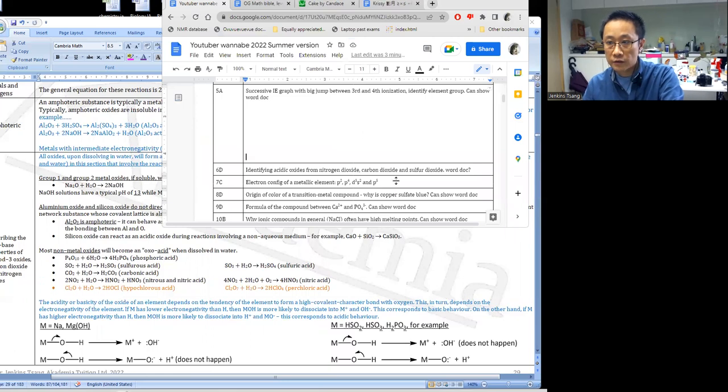Moving on, question 7. Electron configuration of a metallic element, and they have 4 different choices, and this one you definitely need to work with the choices. These are the valence shell configurations. I hope the answer is quite obvious.